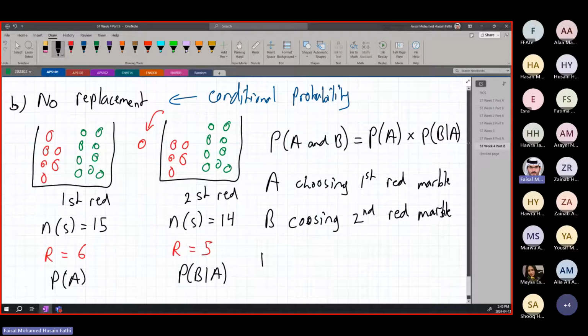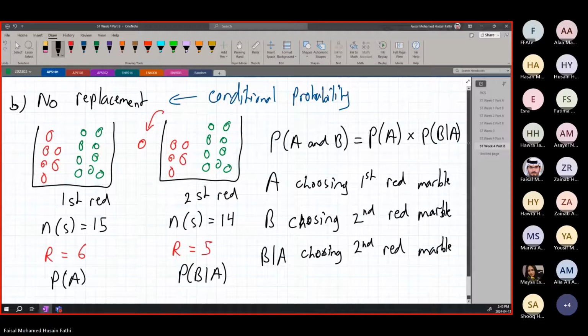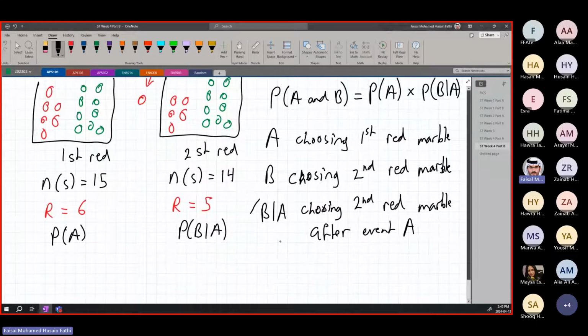So P of B given A is choosing the second red marble after event A. This is what this means. This is what conditional probability means. It means that we are choosing a second marble after A has already affected it, after A has already been completed.